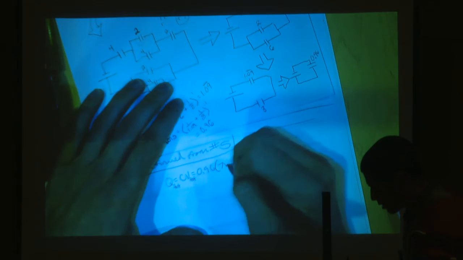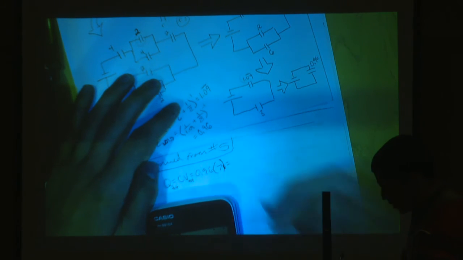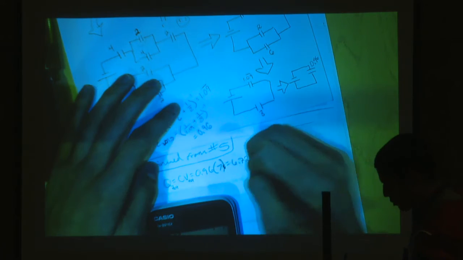And then our potential of the battery, okay, is given by 7 volts. It's given by 7. Thus, if we calculate this out, we'll have 0.96 times 7 equals 6.72 coulombs.